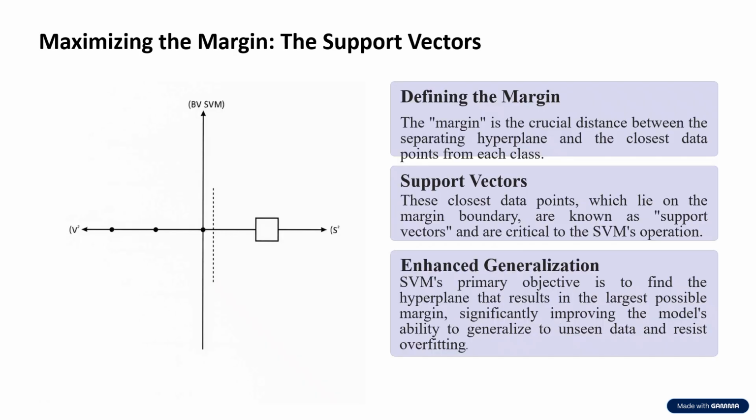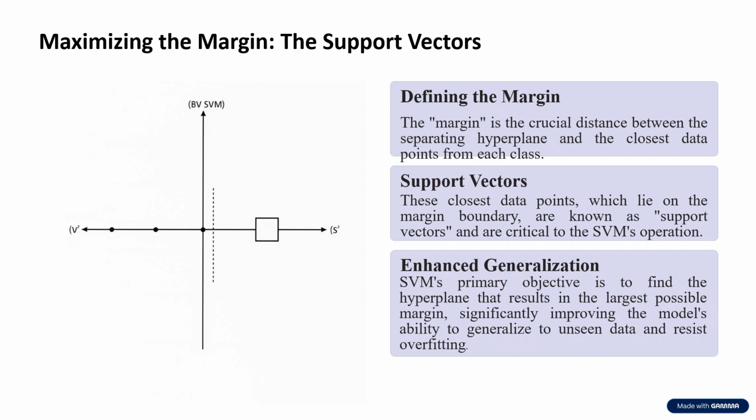Now, maximizing the margin. How do we maximize the margin? In the support vector machine, first we see what a margin is. It is the distance between the separating hyperplane and the closest data points from each class. The data sets, we draw a line or a plane or a hyperplane. When I draw it, we have to find out where the data points are located.